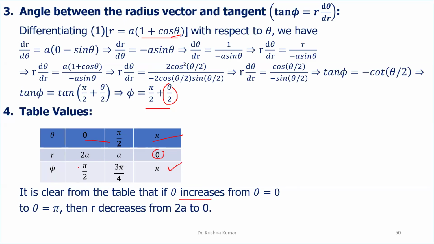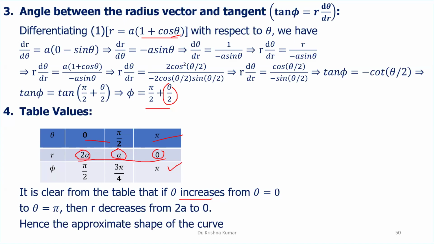Just look here, when the value of theta is 0, r is 2a, at pi by 2 it is a, and if you put theta as pi, then its value is 0. So 2a to 0. Hence, the approximate shape of the given curve is as shown in the figure.